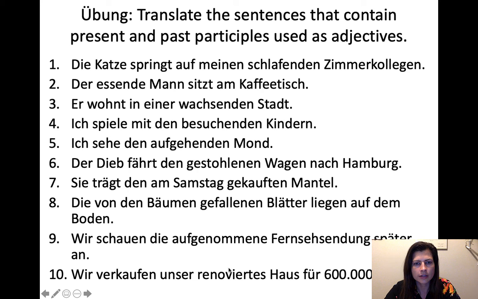Yeah, so the last 5 are past participles, the first 5 are present participles, and just translate those as beautifully as you can.